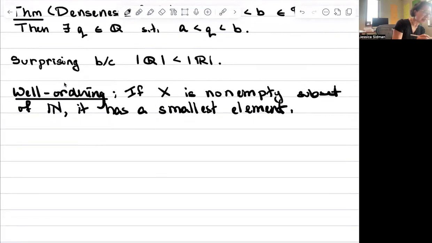And then the other thing that we're going to need to use is the property that I told you about the other day. This is the Archimedean property of the real numbers.